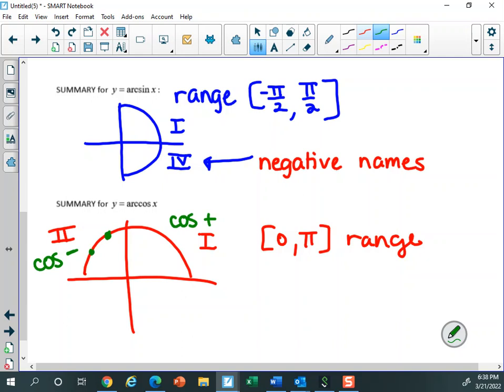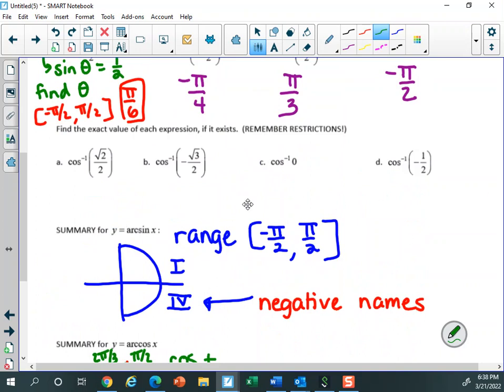So we are going to need quadrant 2's angles. 2 pi over 3, 3 pi over 4, 5 pi over 6, and pi, along with pi over 2, pi over 3, pi over 4, pi over 6, and 0. Those are the inverse cosine angle answers.